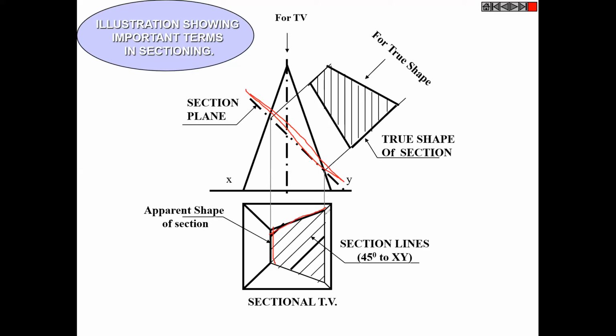Whatever section is generated over here is not parallel to us. It is at some angle, right? If you imagine looking at it from the top, it will look like this, but it is not parallel to us, it is a little at an angle. And if this is at an angle, it means we cannot observe the true shape.